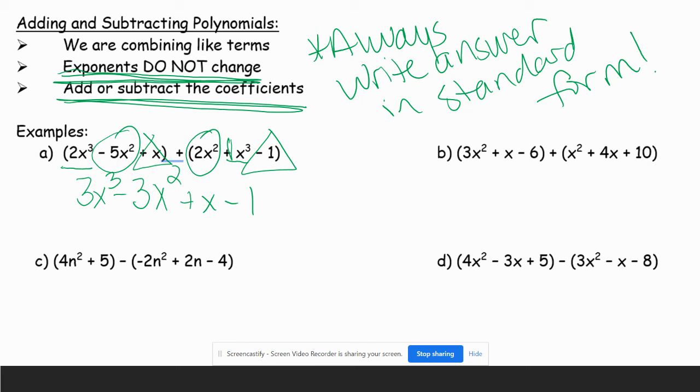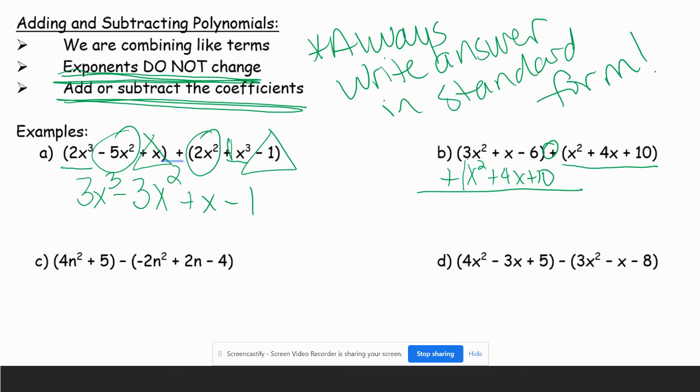Letter B. Another way that we can write this is we can put our like terms lined up in columns. So if I take this polynomial or trinomial on the right, because there's 1, 2, 3 terms, and I put like terms, we have an x squared, a 4x, and a 10. And we're adding.